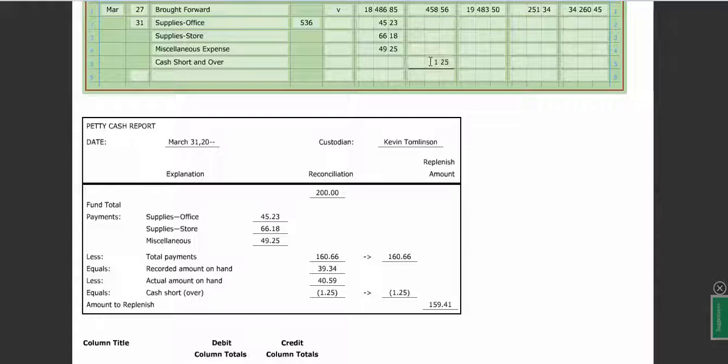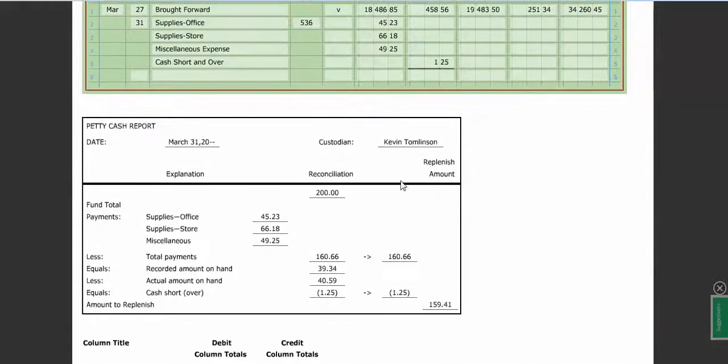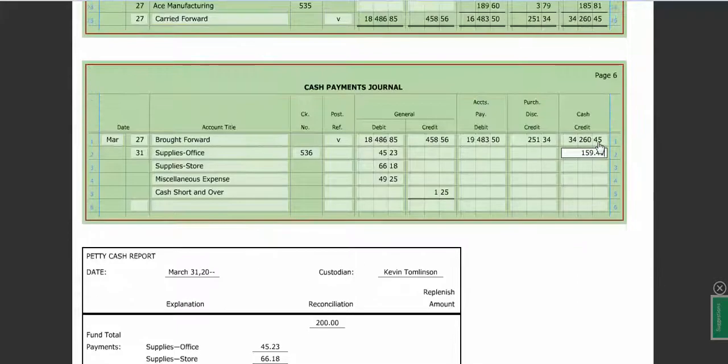Now this is all fine and dandy, but remember we're using our cash payments journal, so we need to write the amount. What was the total amount that we needed to replenish? The total amount that we needed to replenish in this example is the 159.41. So that is going to be the amount of the cash that we are ultimately going to pay over here. So we pay cash 159.41. That's the size of the check that we're going to write.